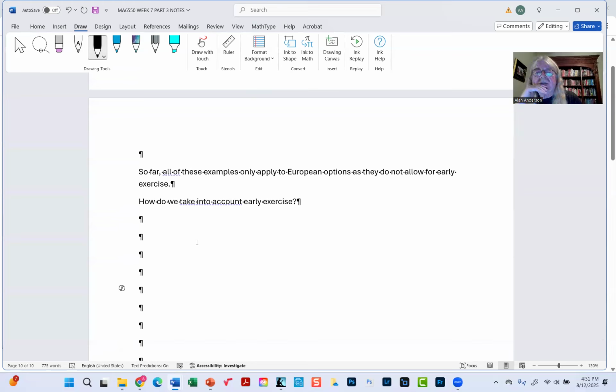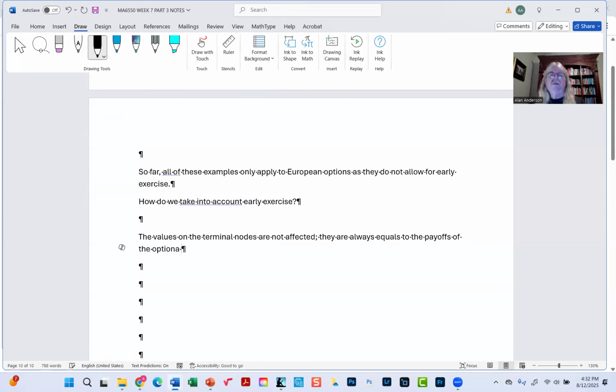So basically in a nutshell, here's what's going to happen. The values of the terminal nodes are not affected. They are always equal to the payoffs at maturity. For the interior nodes, a decision has to be made: does it make sense to exercise?